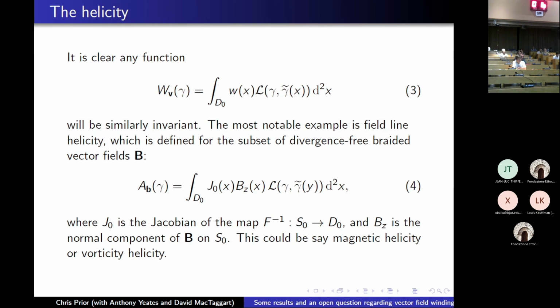Okay? Now that might sound a bit arbitrary, but the point is, anyone who's ever worked with magnetic helicity or vorticity, you've basically been using this all along.